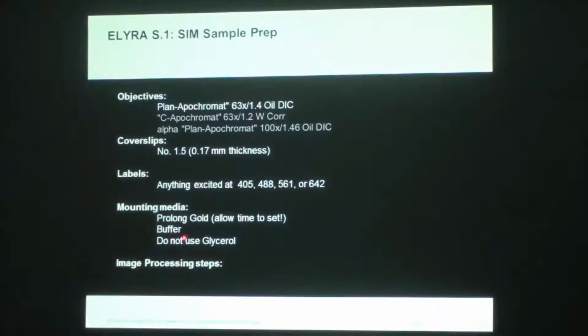But if you use a buffer, in case you want to grow some live cells and image some live cells, that's also okay, but there will be some spherical aberration.